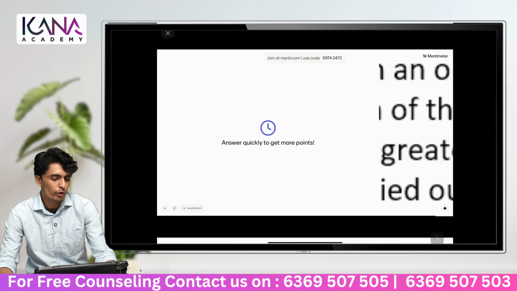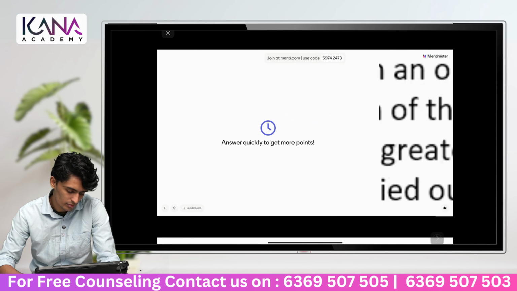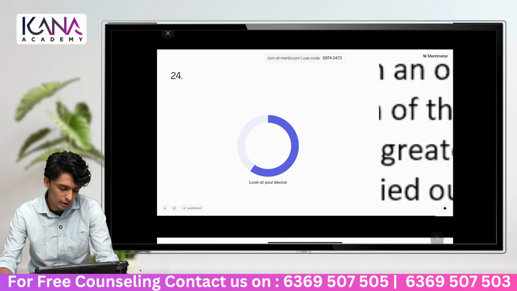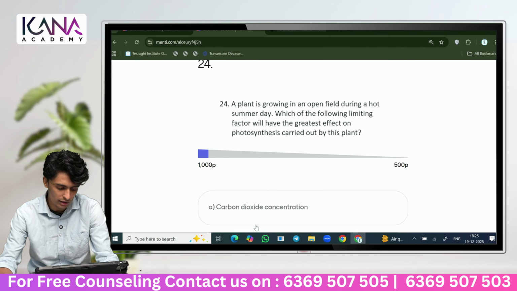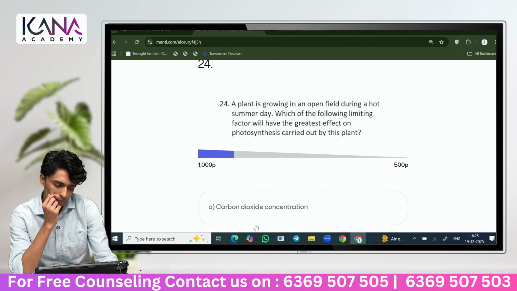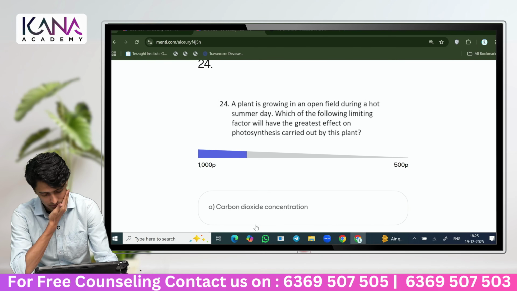Okay, question 24, second last question for today. A plant is growing in an open field during a hot summer day. Which of the following limiting factor will have the greatest effect on photosynthesis carried out by this plant? Limiting factor.